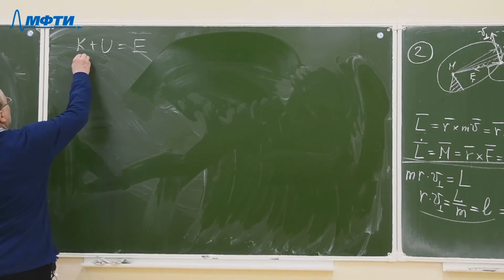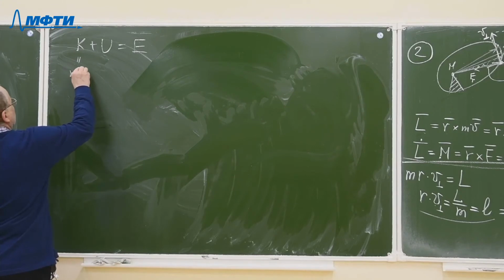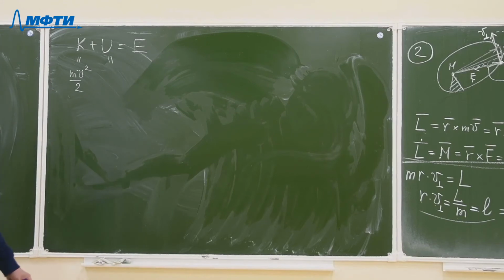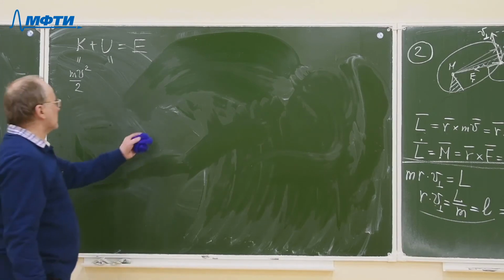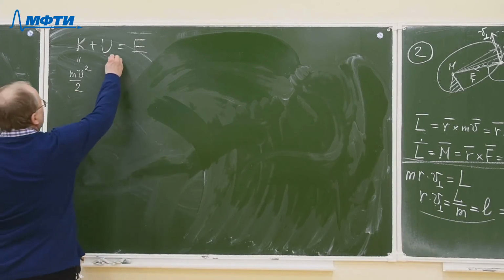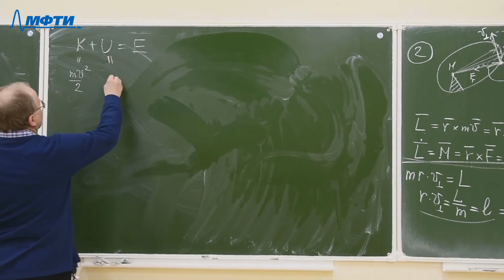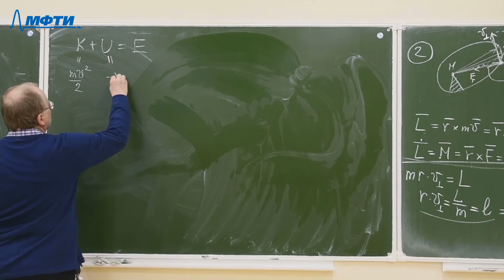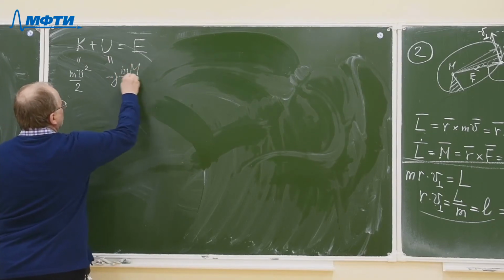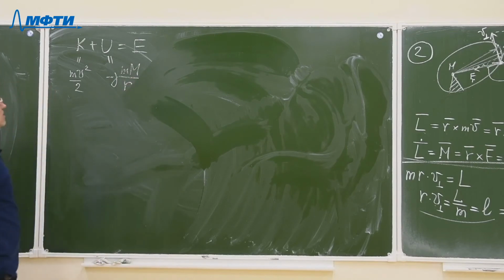Kinetic energy is the mass of the planet times its velocity squared over 2. Potential energy of the planet in the gravitational field of the sun, we derived this quantity last time, and we obtained that it's equal to minus gamma small m capital M over radius r.